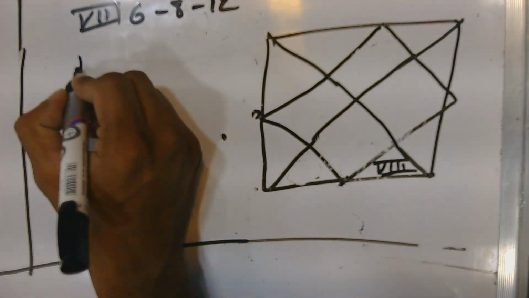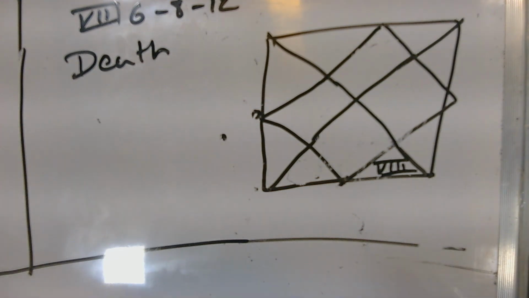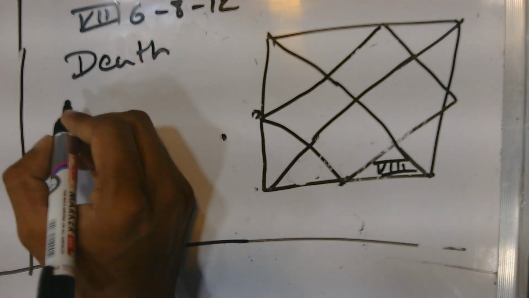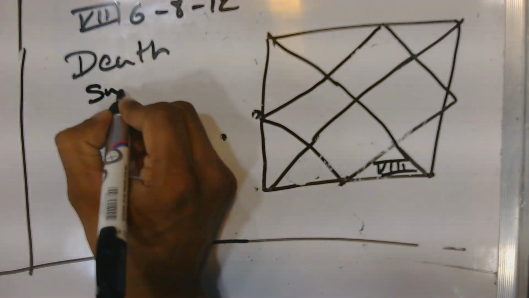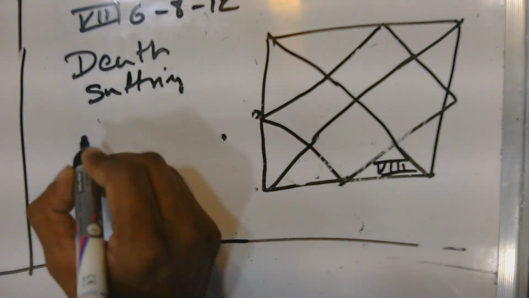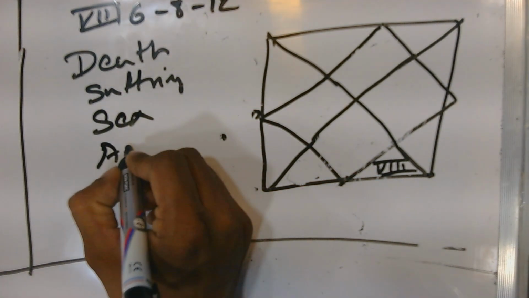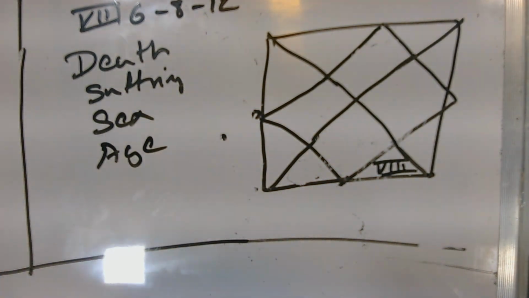The eighth house is the house of death. It is also the house of suffering, the house related to sex, and age. It will give information about your age.